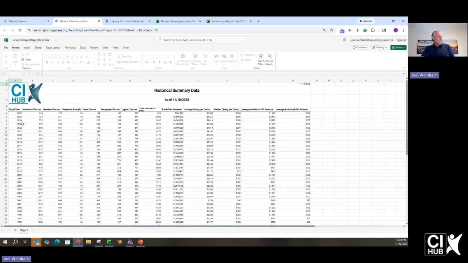This is kind of basic stuff: number of donors, number retained, retention rate, how many new donors. This top level is the current year. The one before is last finished year. Total gifts received, average giving per donor, median giving per donor, average individual gift amount, those kind of things.